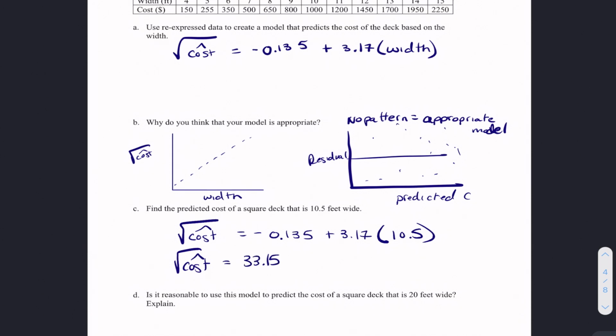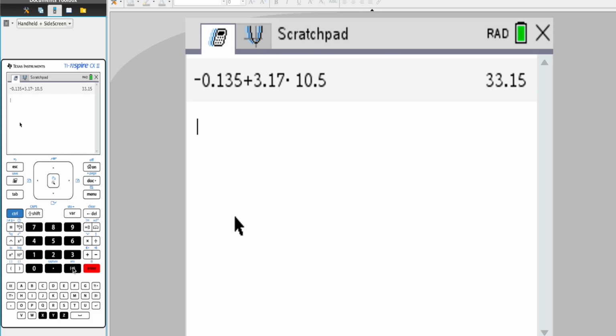But that's not actually how much it's going to cost me, because in order to solve for cost, I have to square that value. And if I do that, I'm just going to grab this answer, raise it to the second power, and my cost is $1,098.92.